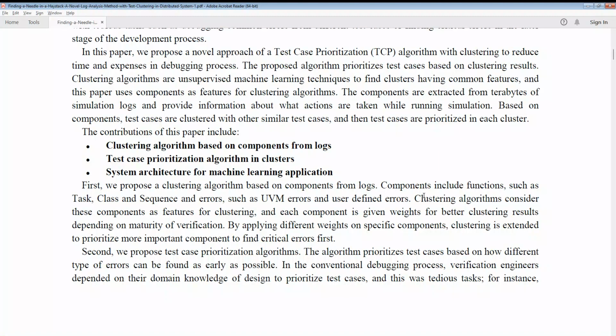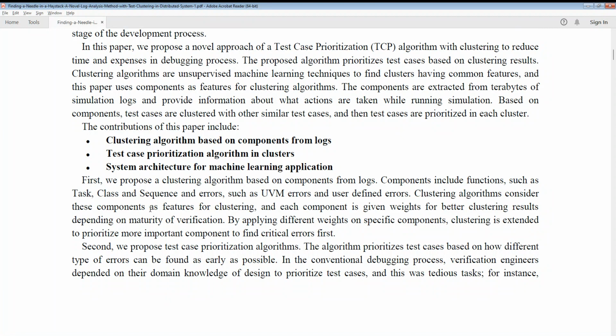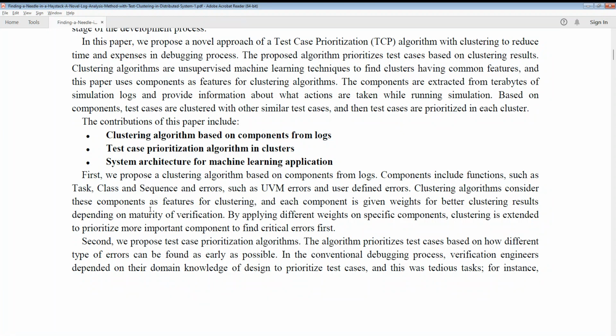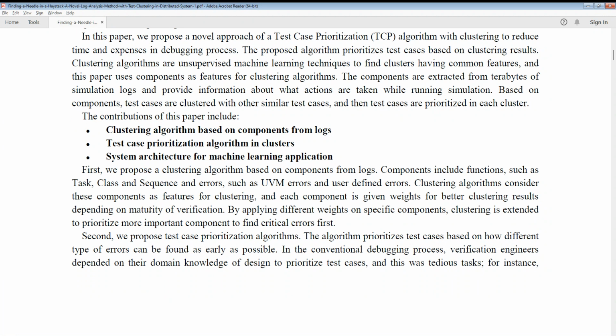The clustering algorithm considers these components as features for clustering, and each component is given a weight for a better clustering result depending on the maturity of verification. By applying different weights on specific components, clustering is extended to prioritize more important components to find critical errors first.